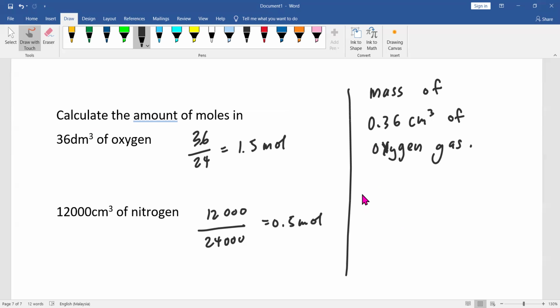Okay, so first of all, you find the moles, which is 0.36 over 24,000. Remember, I put centimeter cube, so it's how many zeros? 4 zeros.